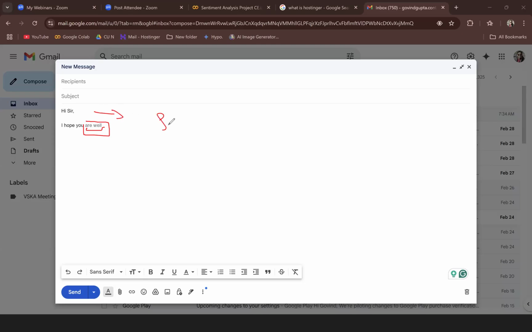So here the sequence is very important. If the sequence is disturbed, I will not be able to see the autocomplete. And the moment you press tab, it will automatically complete it. Here, thank you for understanding. See, after U and D, it is giving me suggestions.